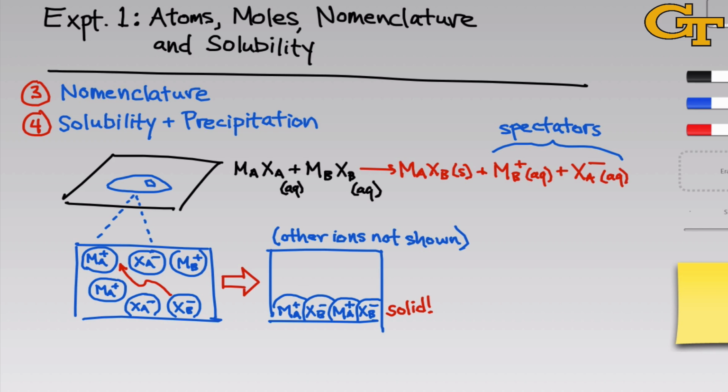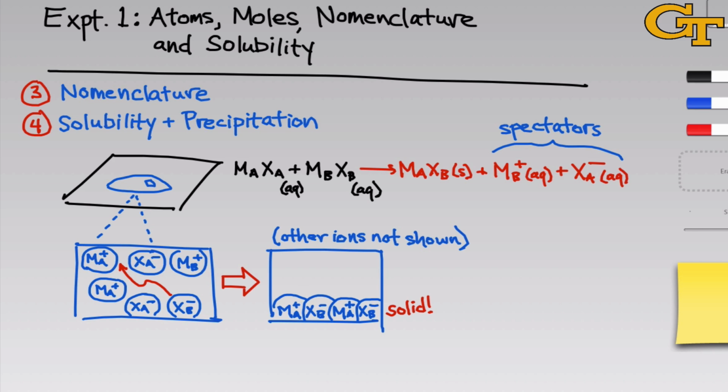These are what we call spectators, because in aqueous solution they just hang around watching Ma plus and Xb minus, the real players in the reaction, get together and form a solid precipitate. So this is what's going on at the molecular level. When the attraction between Ma plus and Xb minus is strong enough, they'll get together, leaving two other ions in aqueous solution, the spectators.